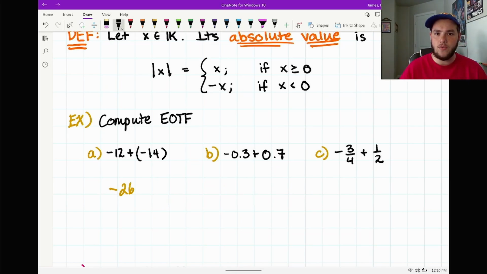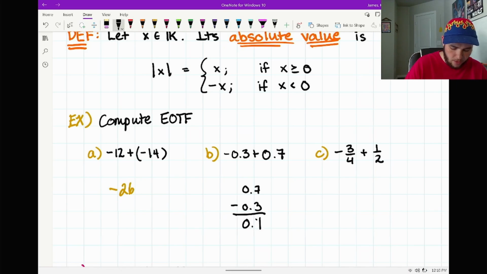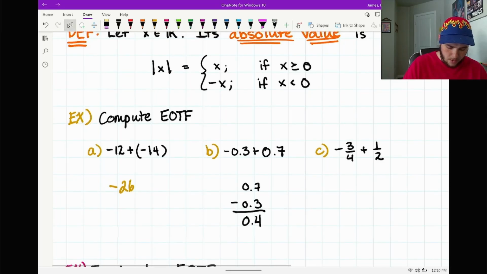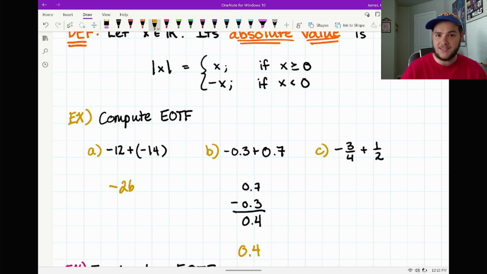So what I can do is subtract them in the way that's easiest to do that, which might be 0.7 minus 0.3, and that would get me 0.4. Then all I have to do is make sure that the sign on my answer looks correct. And the correct sign in this case would be positive, since 0.7 was the larger number.